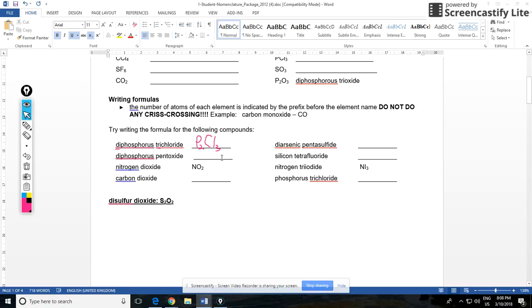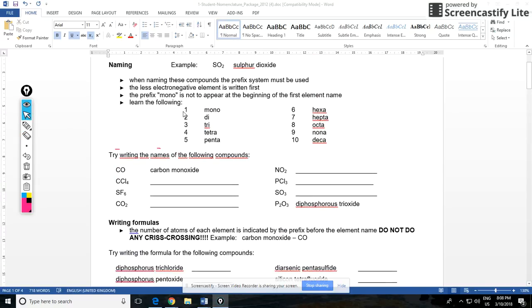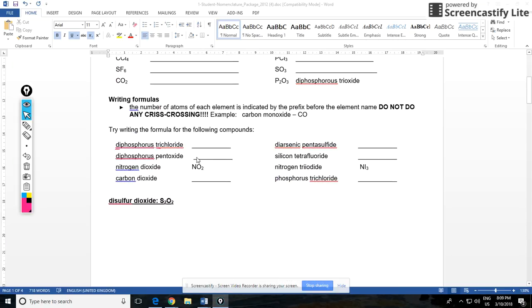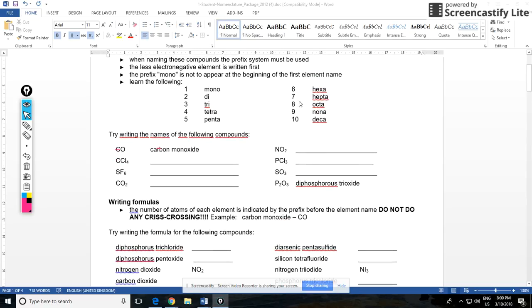So covalent compounds are a little bit easier to write formulas for. No crisscrossing, no reducing. You simply use the prefix that is provided in the name in order to put the correct number of atoms. Make sure you memorize what the prefix means. So mono all the way to deca, meaning 10. And make sure that you do not confuse these rules with the binary ionic compound rules. You should not start using these prefixes for ionic compounds.